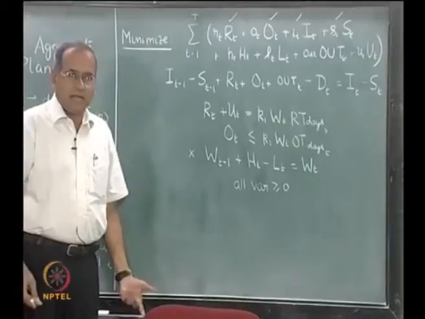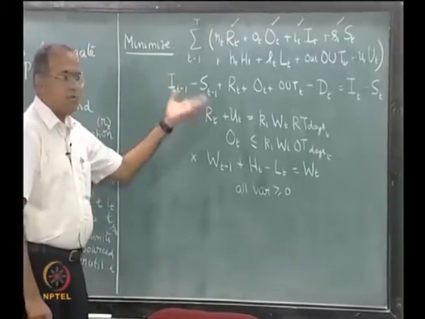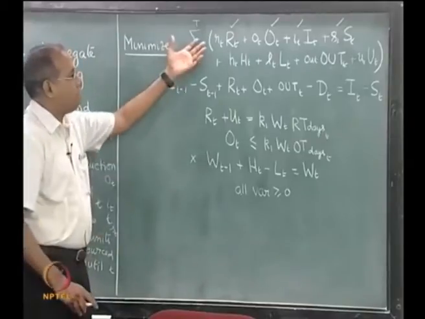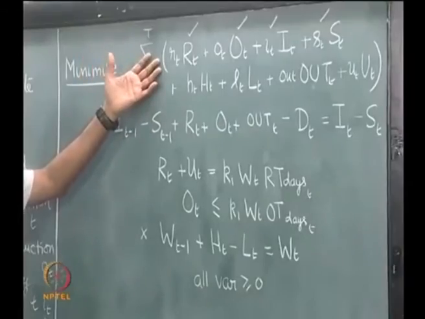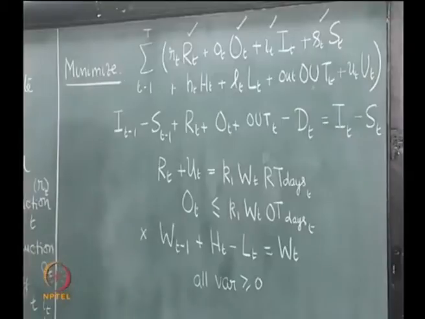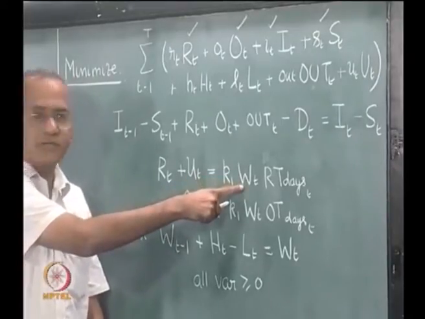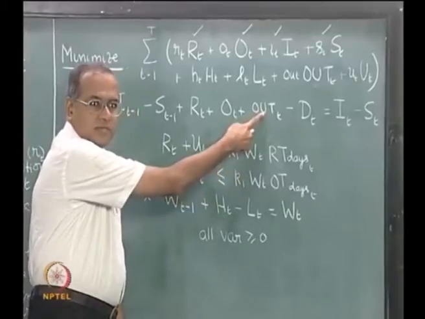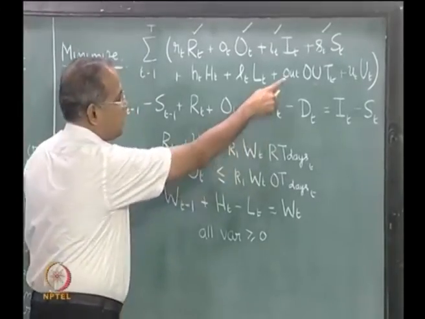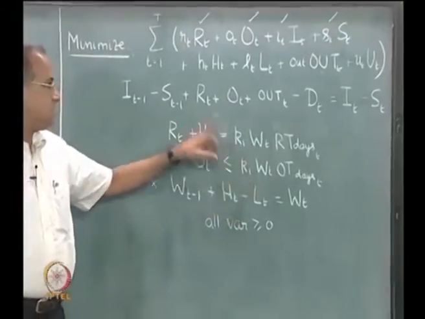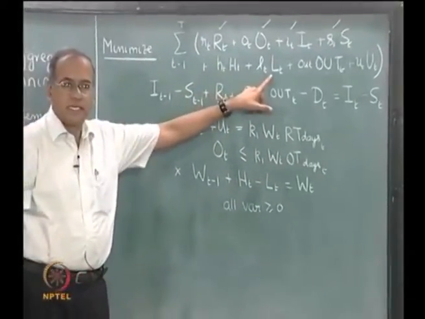Sometimes you use all 8 of them, sometimes you may use fewer, as we did, we used only 4 out of the 8. Sometimes the organization will say that I will use variable workforce, but I do not want to use outsourcing, which means you will not have the outsourcing cost here, but you will have the variable workforce, which means you will have the HT as well as LT.